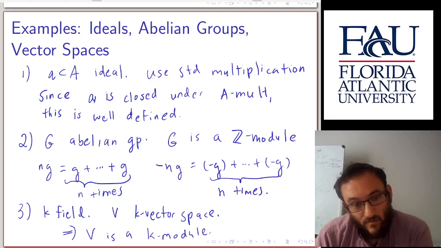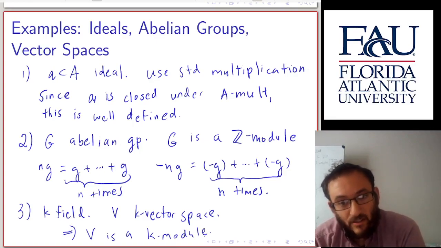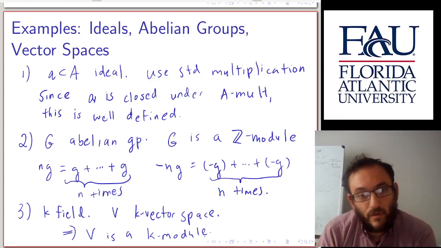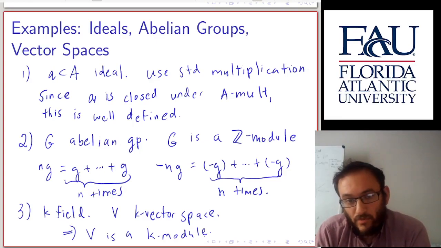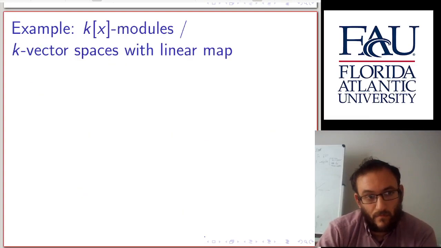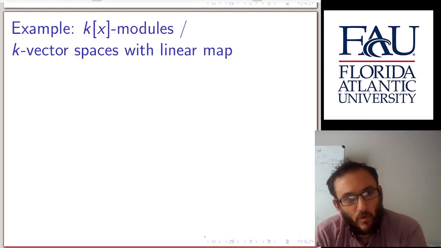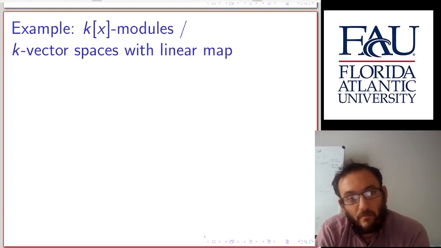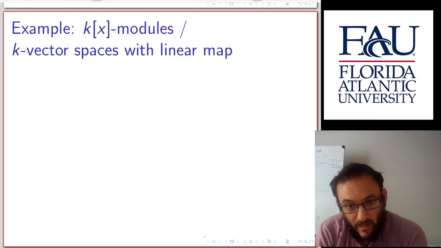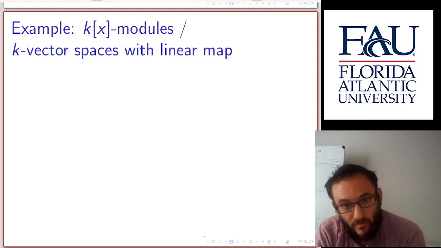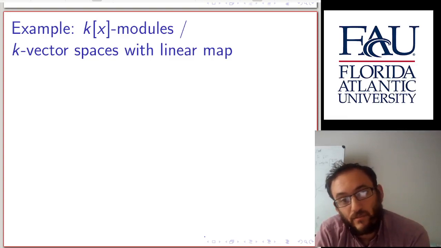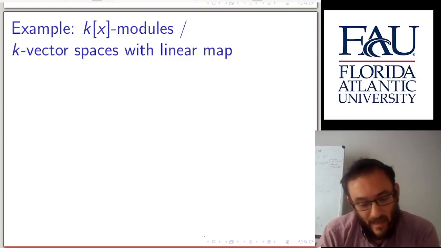And really, the intuitions from linear algebra should guide a lot of what we do in module theory. Okay, so here's a slightly more complicated example. Modules over the polynomial ring in one variable over a field K are equivalent to K vector spaces with a linear map.